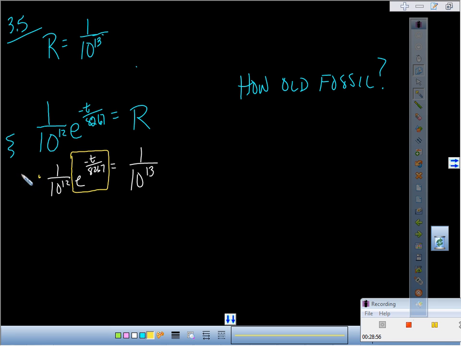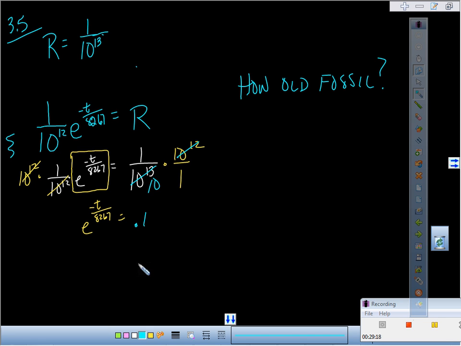Okay, so I'm going to do that. But y'all listen, you have a calculator, so it will let you do that. These cancel, and you're left with e to the negative t over 8267 is equal to, how many 10s can I cancel? 12 gone, 12 gone, you're left with 1. That's 1/10. That's 0.1.